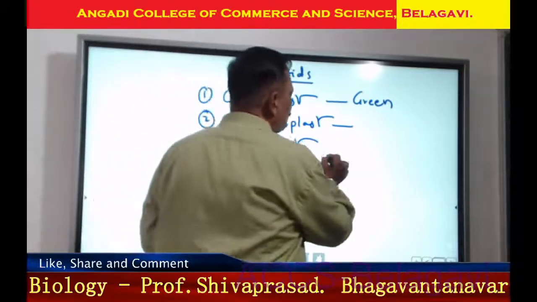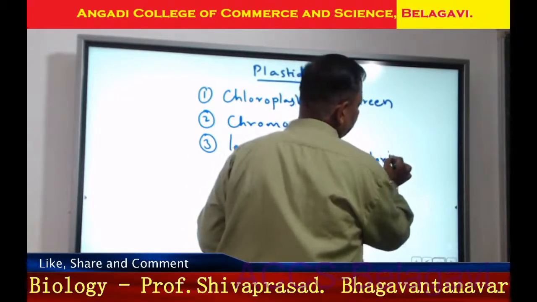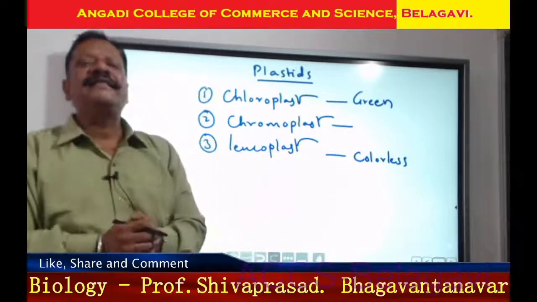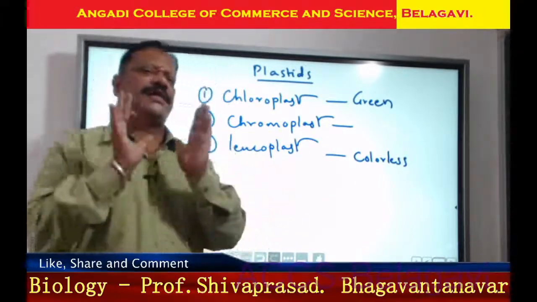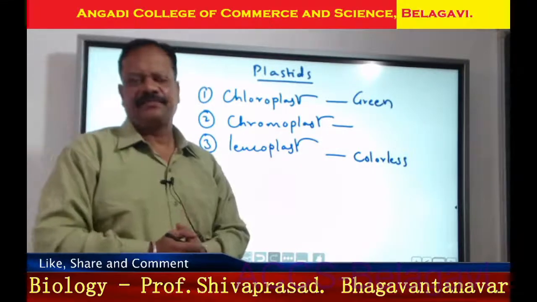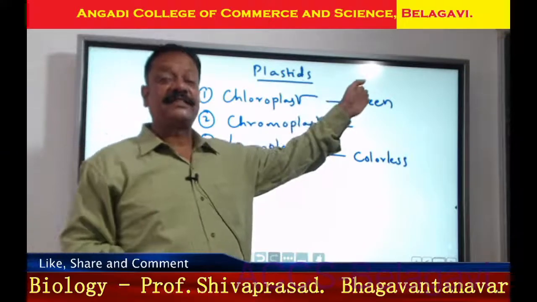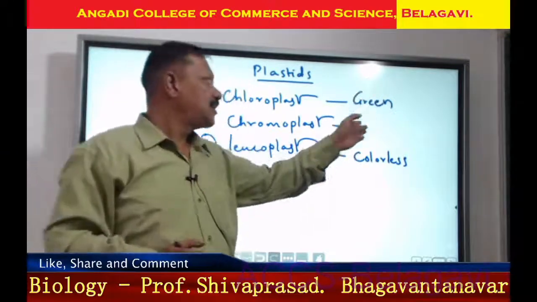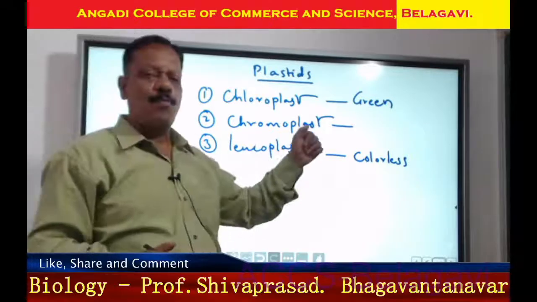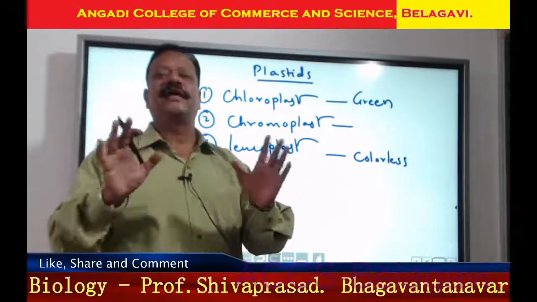Then leucoplast is totally colorless. The colorless structure you observe in the plant is nothing but a leucoplast. So the chloroplast is restricted to green color. Other than green color, whatever is present is called a chromoplast. Then leucoplast is totally colorless.